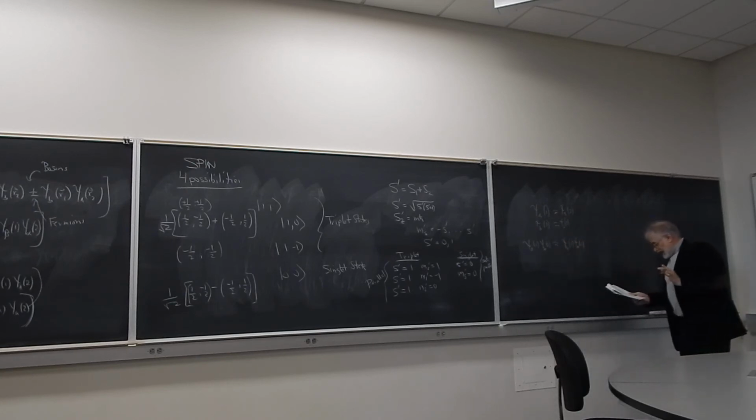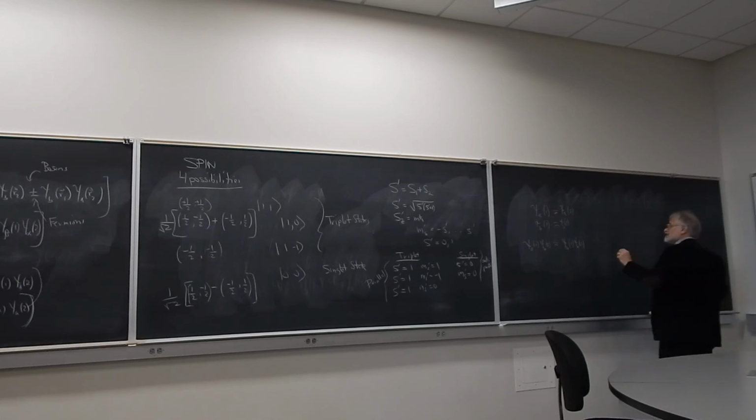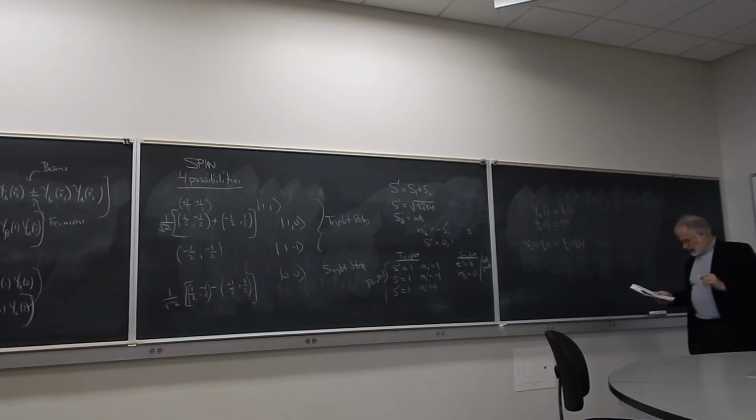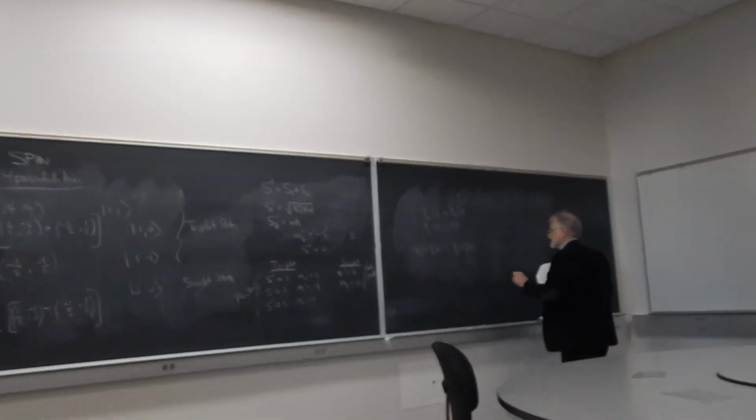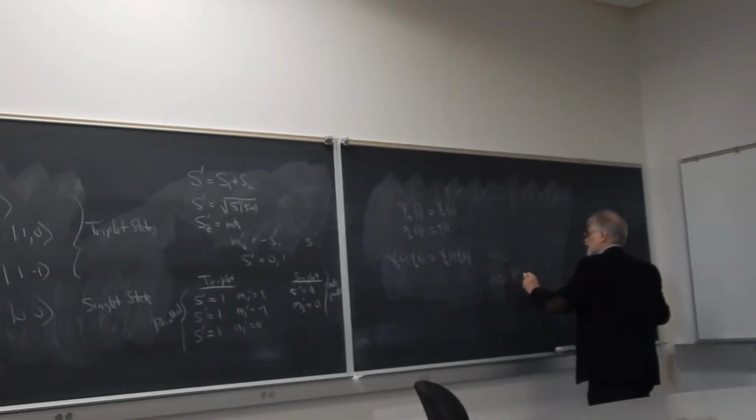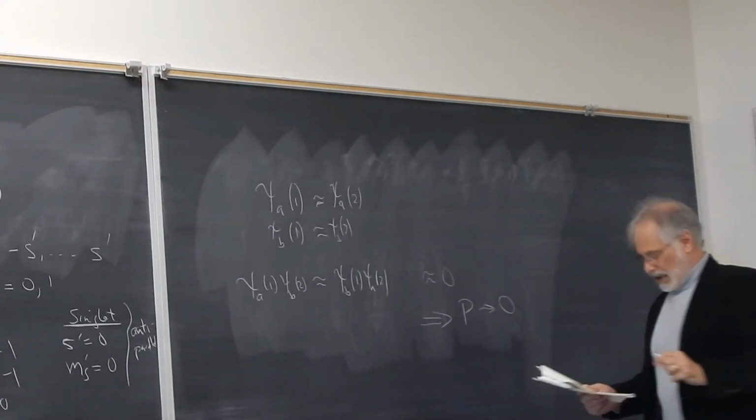This means the value of the antisymmetric wave function has to be approximately 0. So if the triplet state has similar space coordinates, the probability density has to be 0.